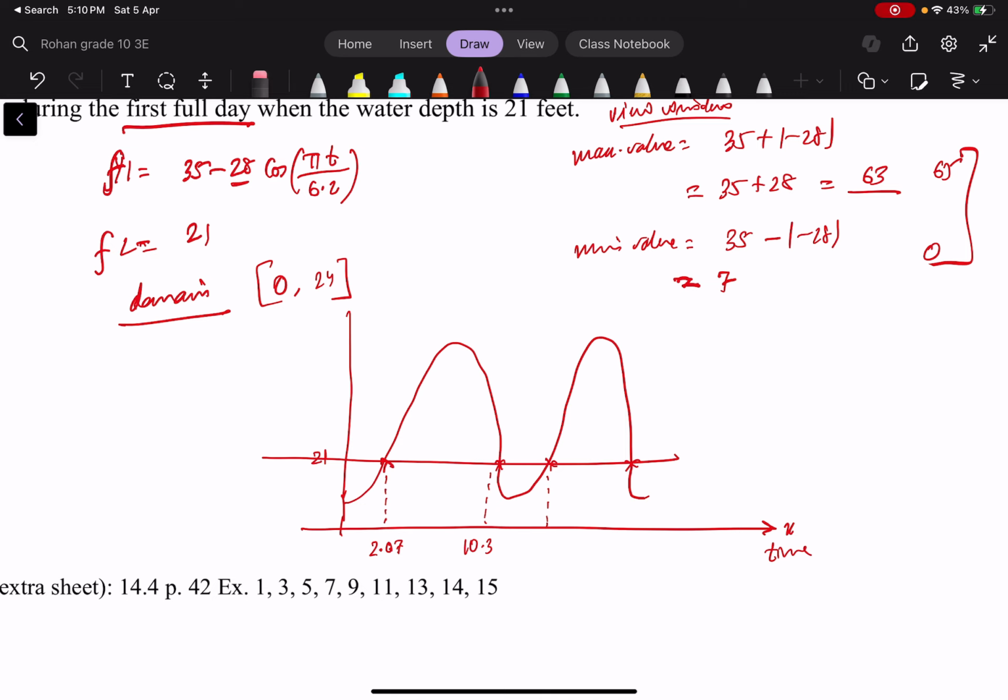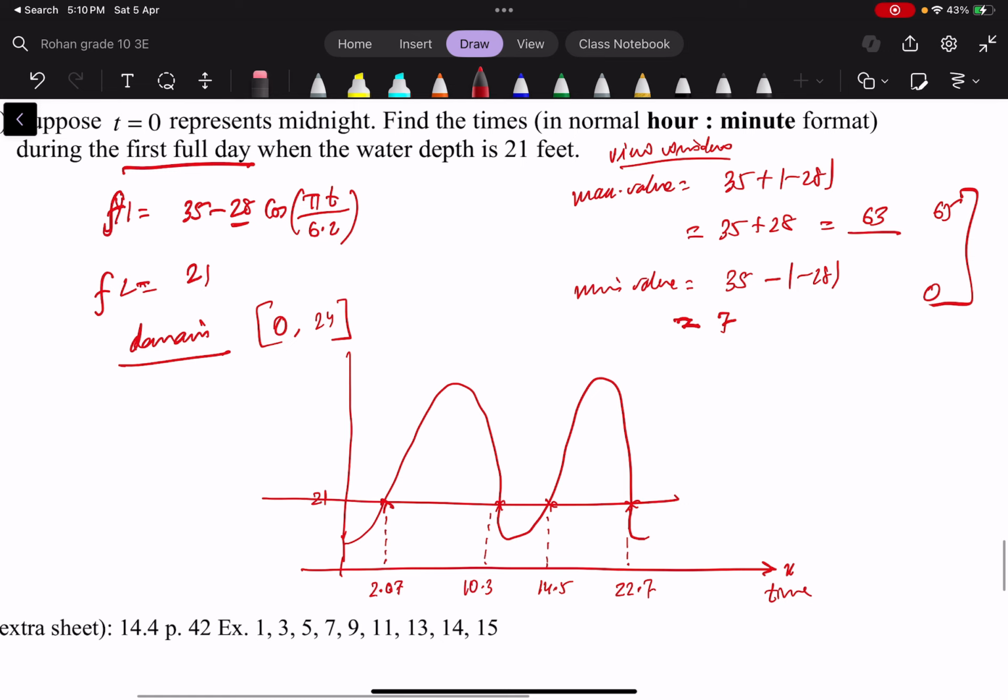And then 14.5, comma 21. And then 22.7, comma 21.